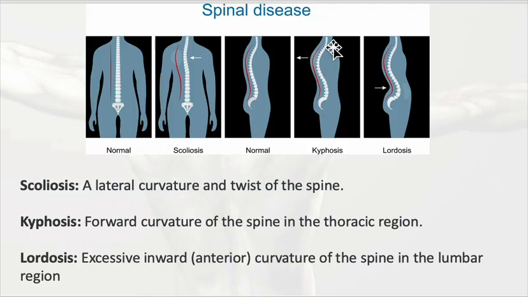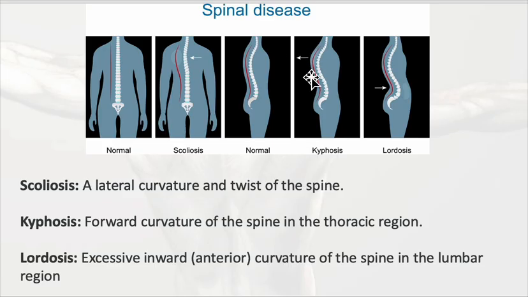Kyphosis is an exaggerated outward or posteriorly rounded curve of the thoracic spine, and it causes a rounded or hunched back appearance. It can result over time with aging from poor posture, age-related degeneration of the spine, and severe kyphosis can also lead to pain, stiffness, as well as difficulty breathing.